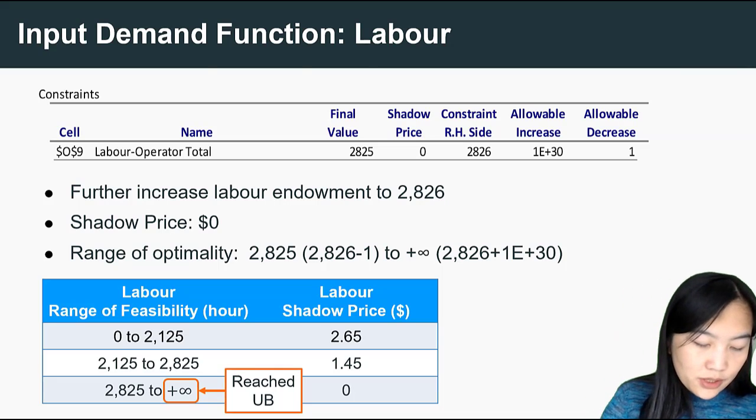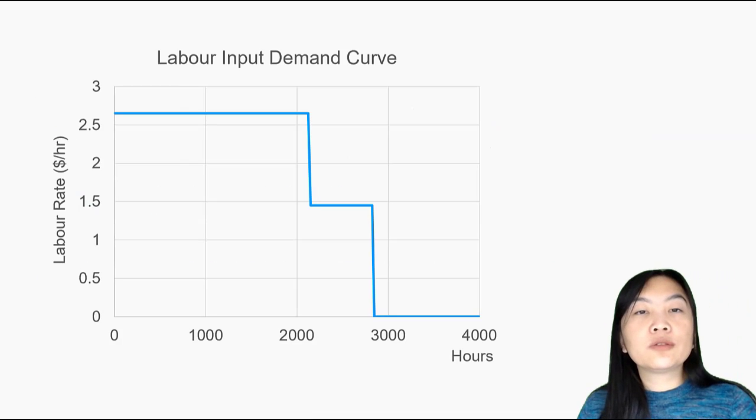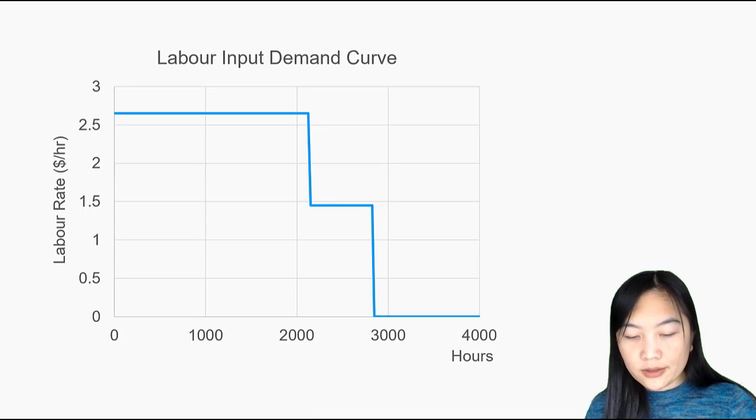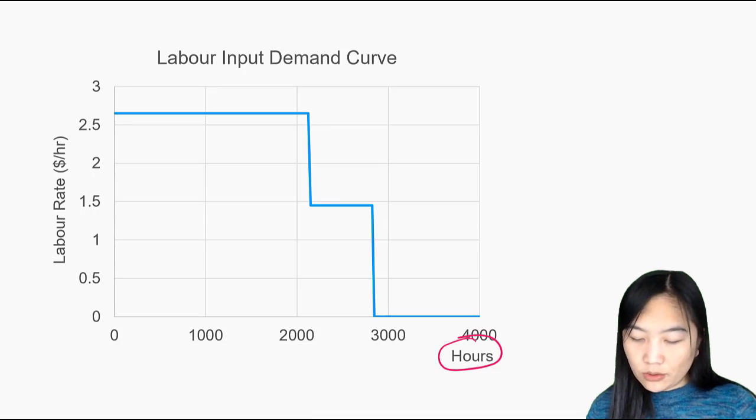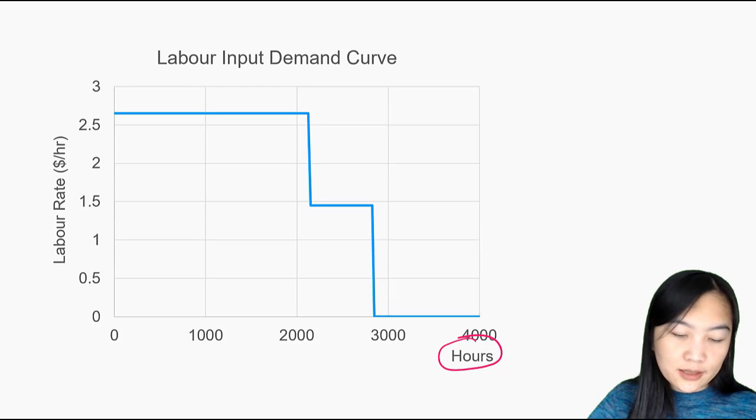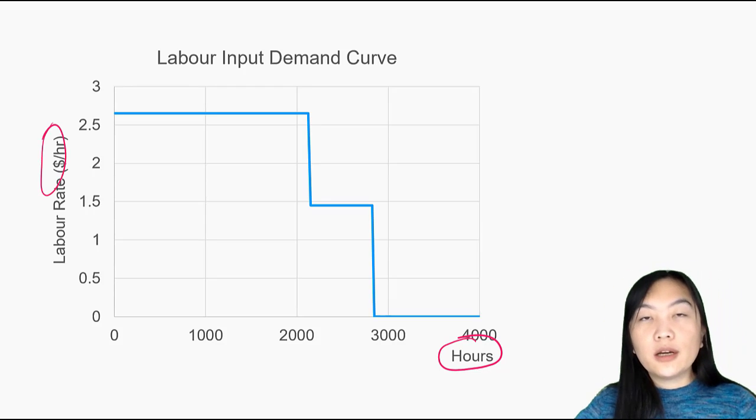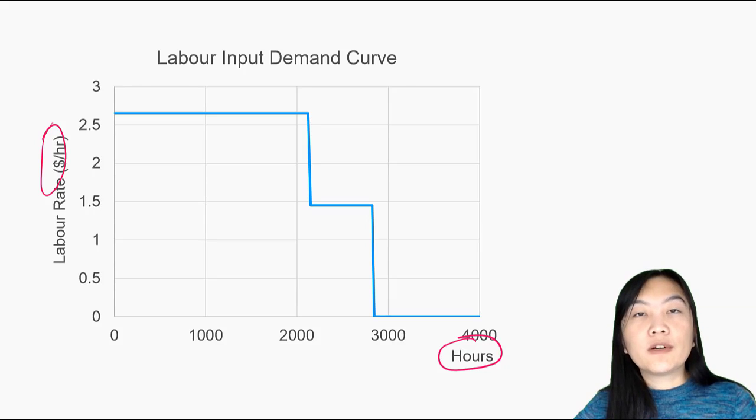And we can also put it to a graph. Here, you can see the quantities are on the horizontal axis, and the price is on the vertical axis.